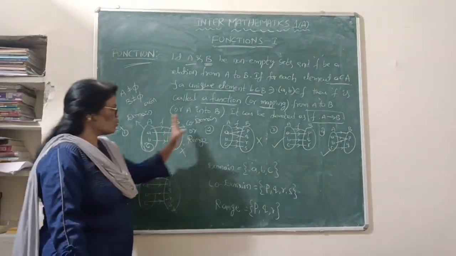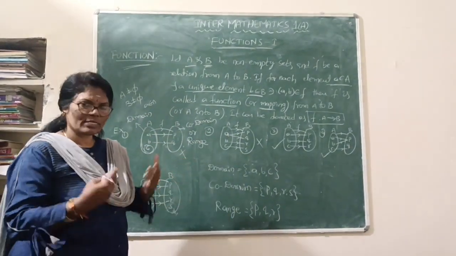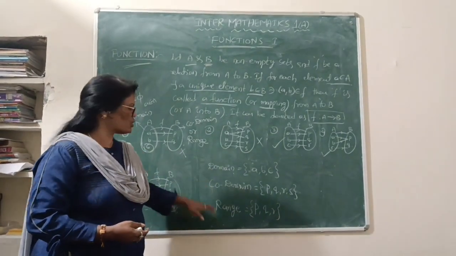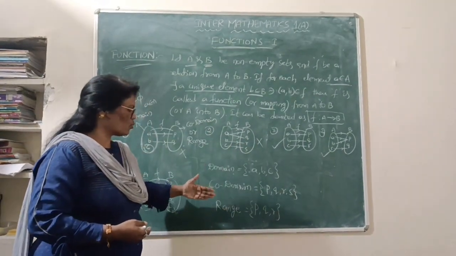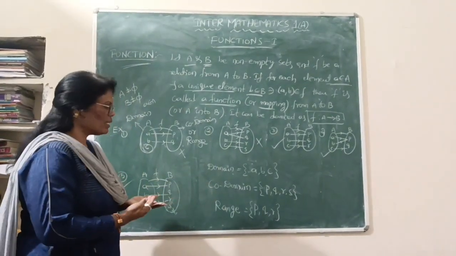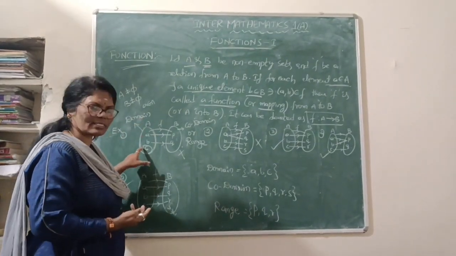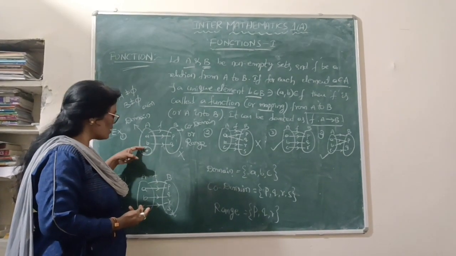So by using these examples, we need to discuss domain, codomain and range. From each example we can write the domain, codomain and range. Domain is nothing but the elements in the domain. A is the domain we are saying. So what are the elements here? a, b, c.